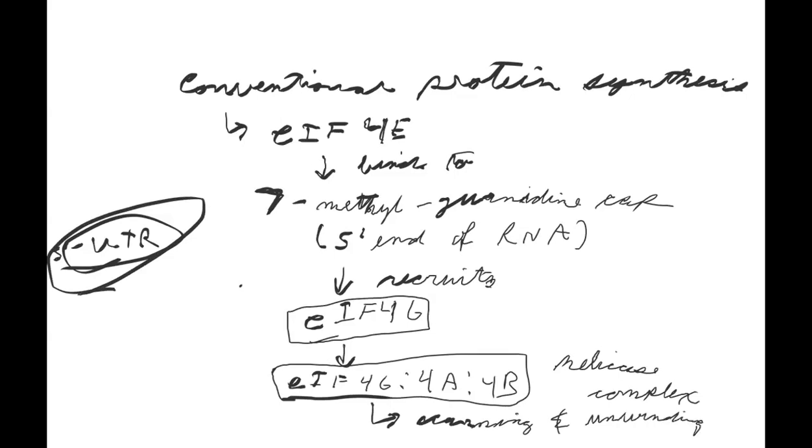You have to remember that there's a 3-dimensional structure for the 5' UTR, so this is helping to unravel it a little bit. And by unraveling it, eventually it's going to find the initiation codon.